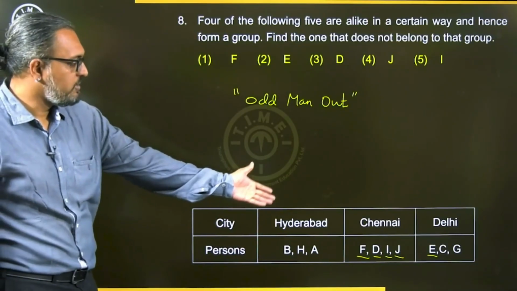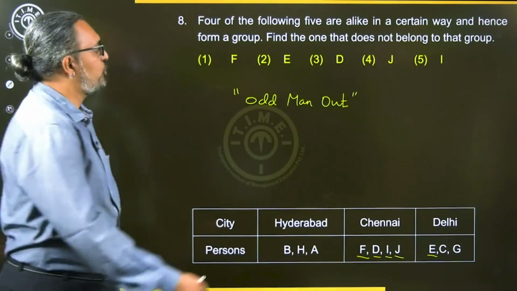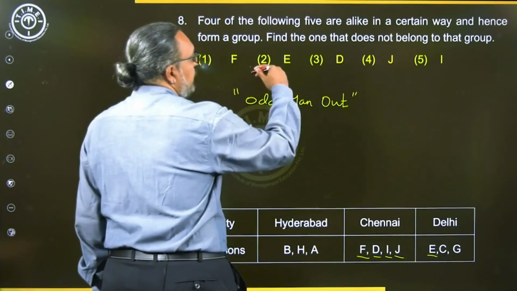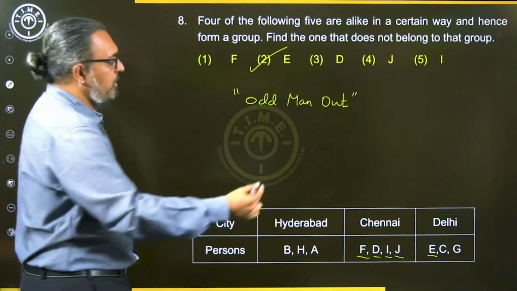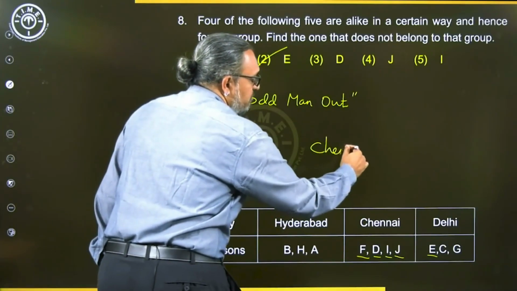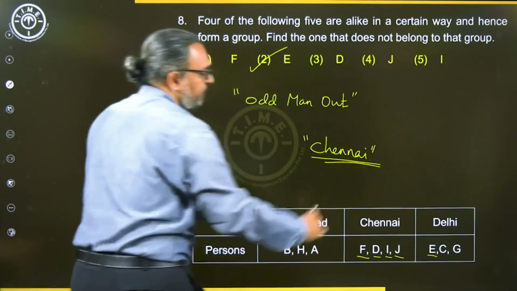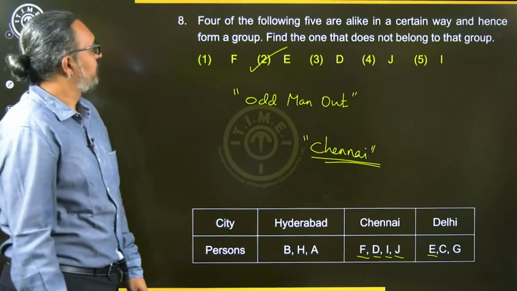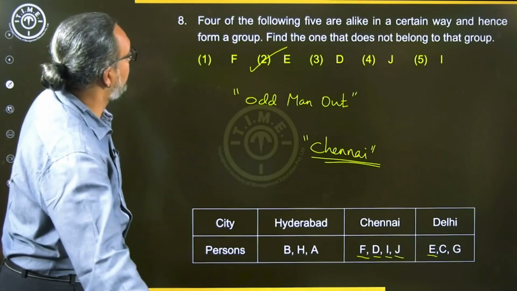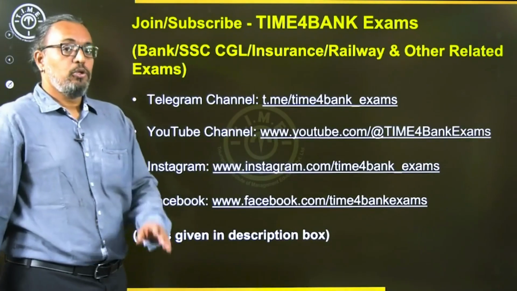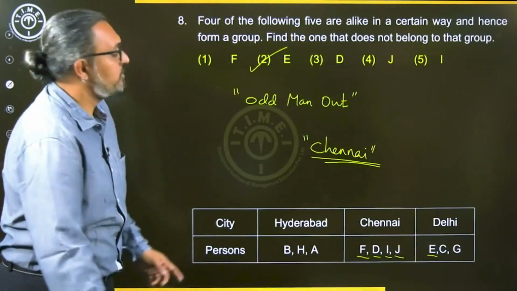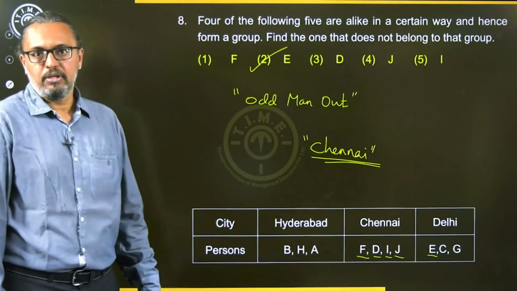Out of 5 persons, 4 persons are from Chennai. So, who is not from Chennai? E. So, option 2. The common logic is the same city, that is Chennai. Correct? Right. So, those were the questions in this particular set.